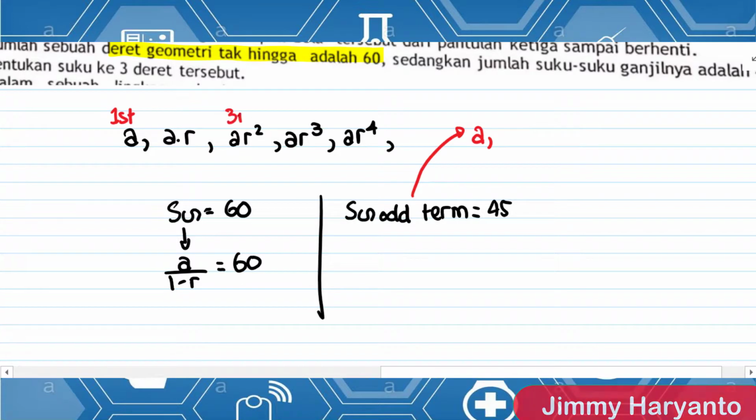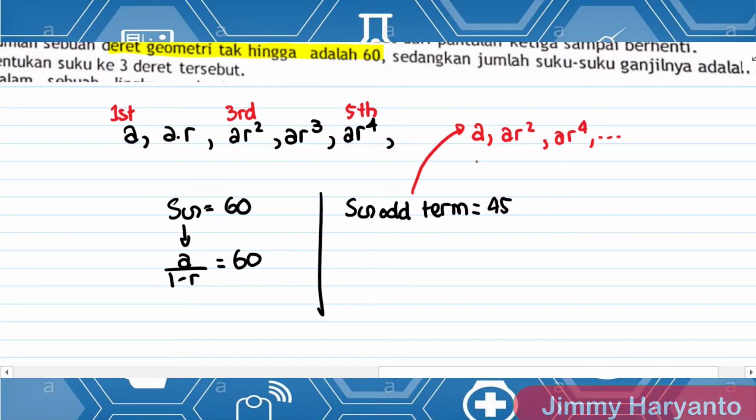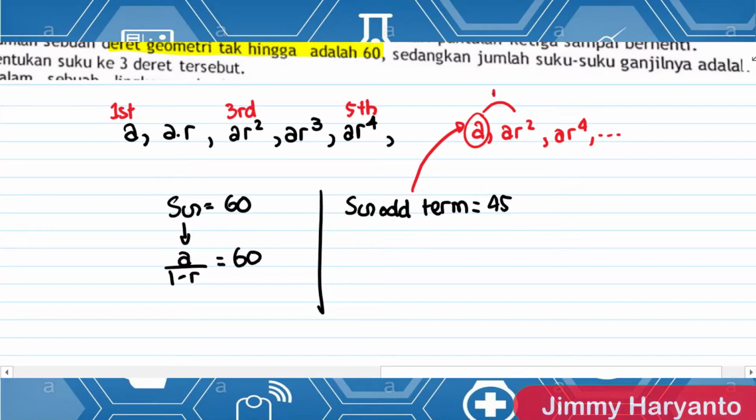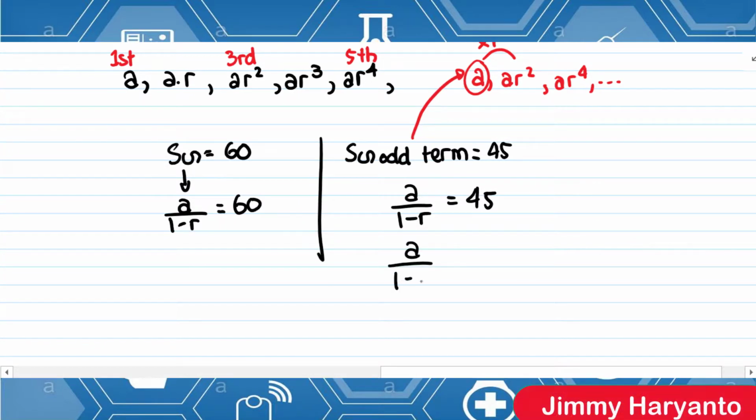And the next term will be the third term, AR square, and the next will be the fifth term, which is AR to the power of 4, and so on. From this we get A the same as in the normal S infinite. But the ratio is R square, because from A to AR square, that means times R square. So the formula is the same, but this time the ratio is R square, and it equals 45.